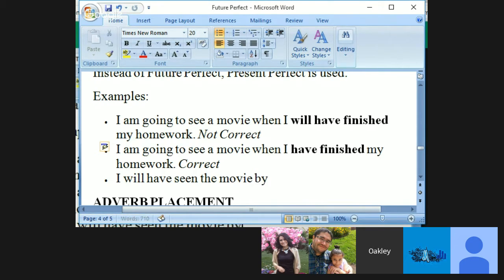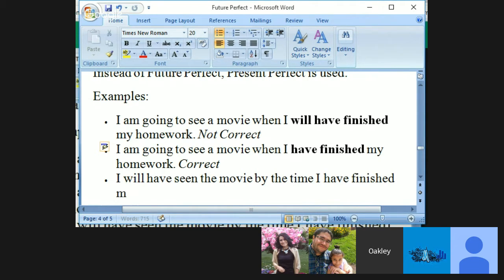By the time I have finished my popcorn, I will have seen the movie. It's a little weird. It's not necessary, because you can just say, "by the time I finish my popcorn."